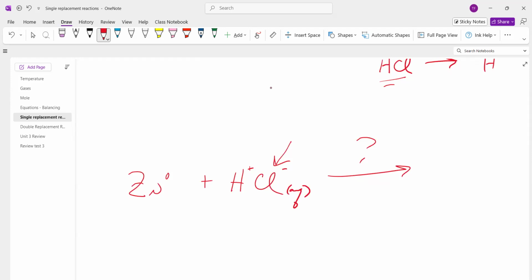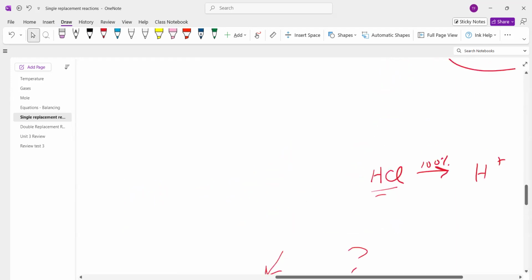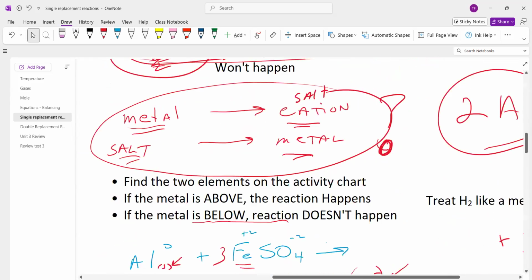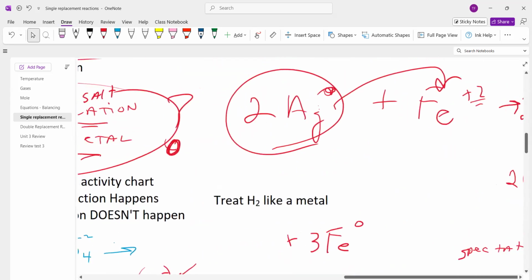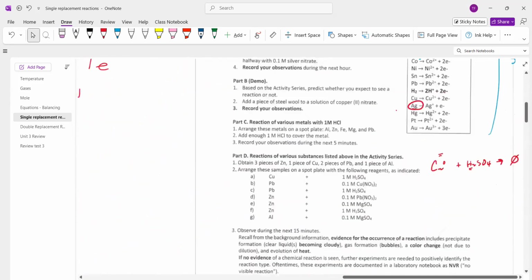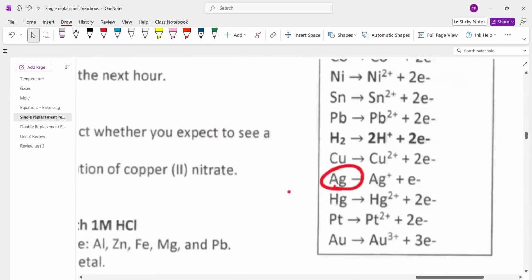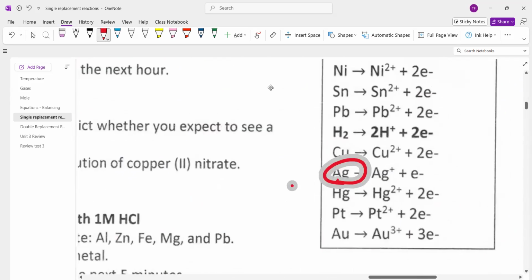So does this reaction happen? Well, we've got H pluses now because we're dealing with an acid. So let's look at the activity chart. There's the H plus there. And what was the other one? Zinc.